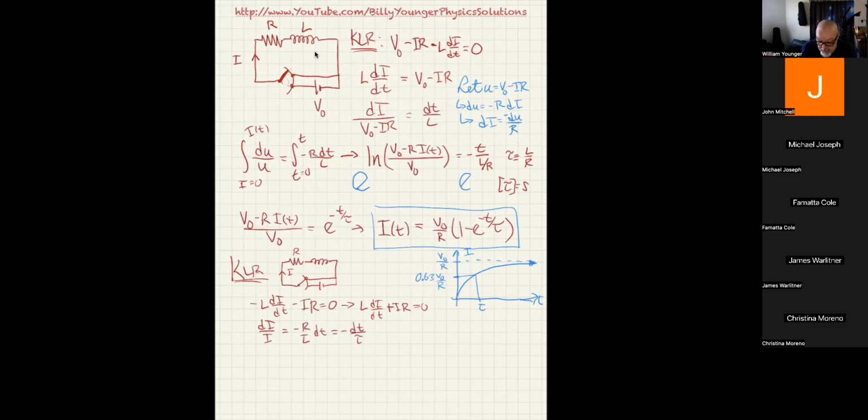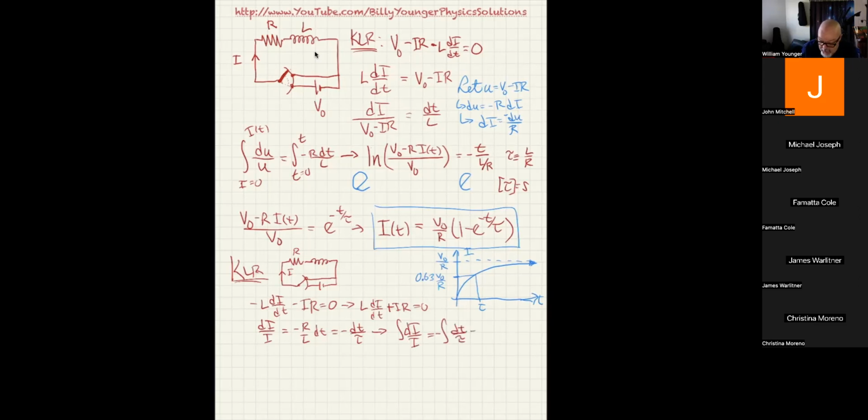Like that, because tau is L over R. So now when I integrate that, I get the integral of di over I is equal to the integral of negative dt over tau, which is a constant.